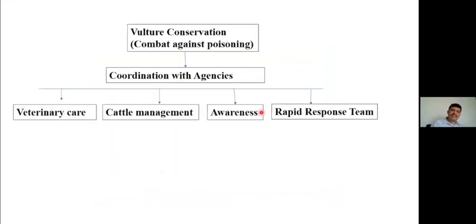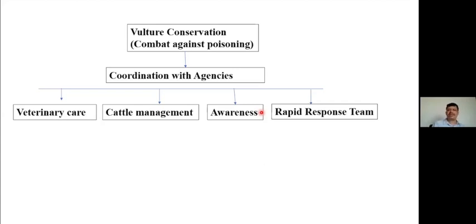So to combat the poisoning, I believe we need to coordinate with the agencies. What are the agencies? We need to coordinate properly with the enforcing agencies, forest department, veterinary care, and whoever is involved in vulture conservation work.